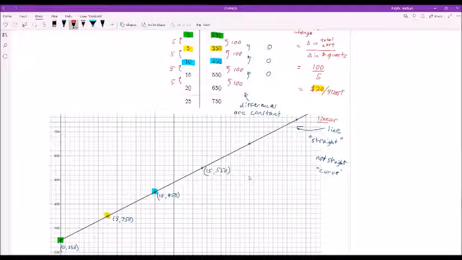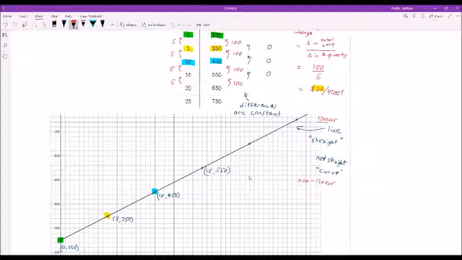So the relation between total cost and the number of guests is linear. If it's not straight, i.e. if it's a curve, we would then say that that's non-linear. We don't have to describe it with any more specific terms at this moment. We can just say it's non-linear. So we have a linear relation, which is between total cost and the number of guests.